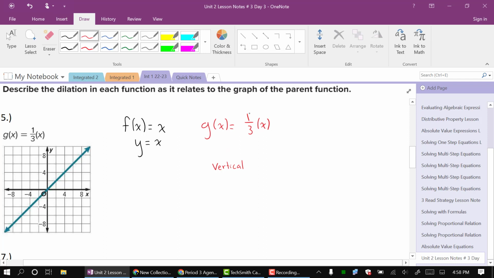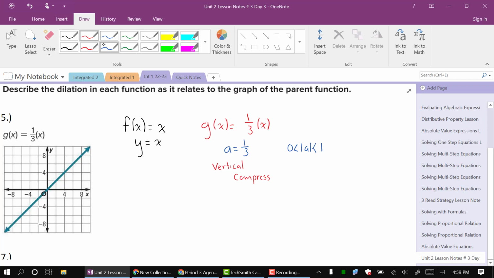Our a value is the number that's multiplying the x. So in this case, our a value would be 1/3. Looking back at our notes, when we have an a value that is between 0 and 1, this is a compression. So this is a vertical compression. It's going to make the graph come down a little bit.